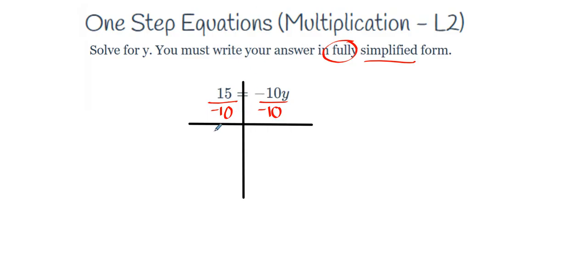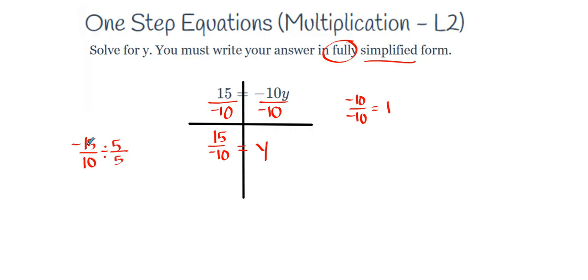On the left, I have 15 over negative 10. I'm going to bring down the equal sign. And on the right side, recall that negative 10 over negative 10 is 1, and 1 multiplied by Y is going to simplify to Y. Now I'm not going to box this because I want to caution you. You want to see if 15 and negative 10 have any common factors. And I know that 15 and 10 can both divide by the number 5.